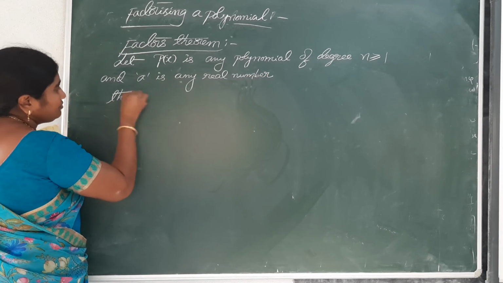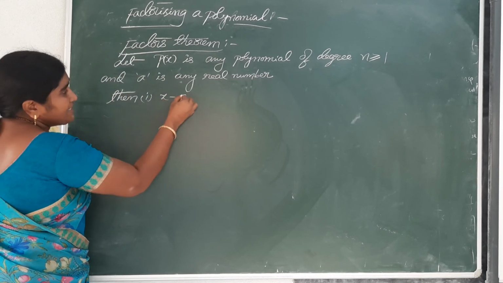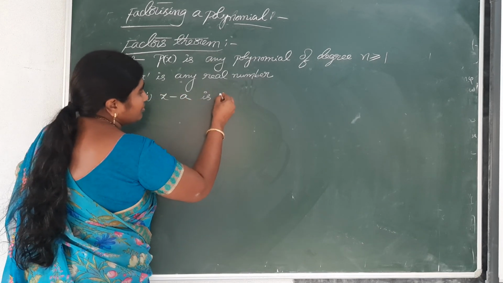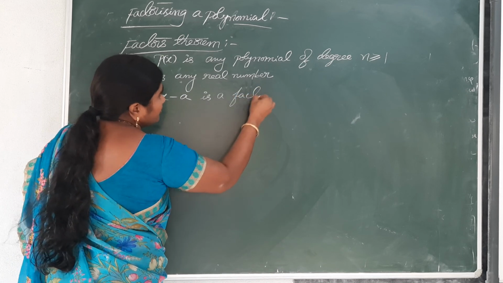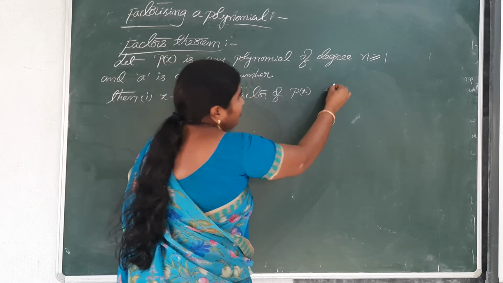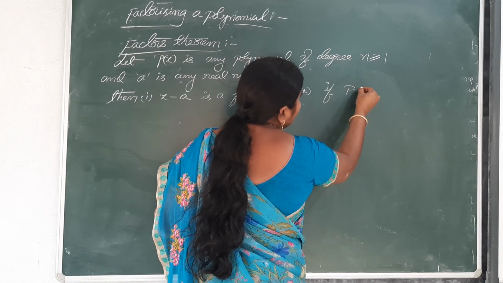Then x minus a is a factor of p of x if p of a equal to 0.